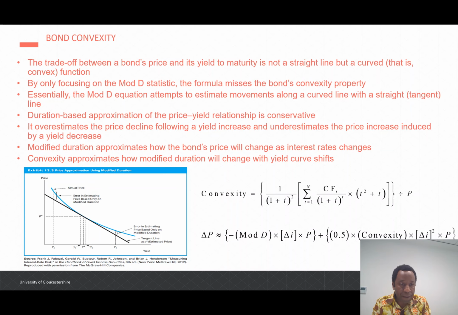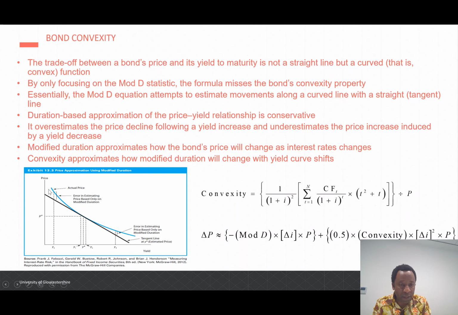If you remember, we've always said that the yield to maturity is inversely related to the price. Effectively, there's a negative relationship. Okay, so as the yield increases, the bond price reduces. Or alternatively, as you reduce the yield, the price goes up.